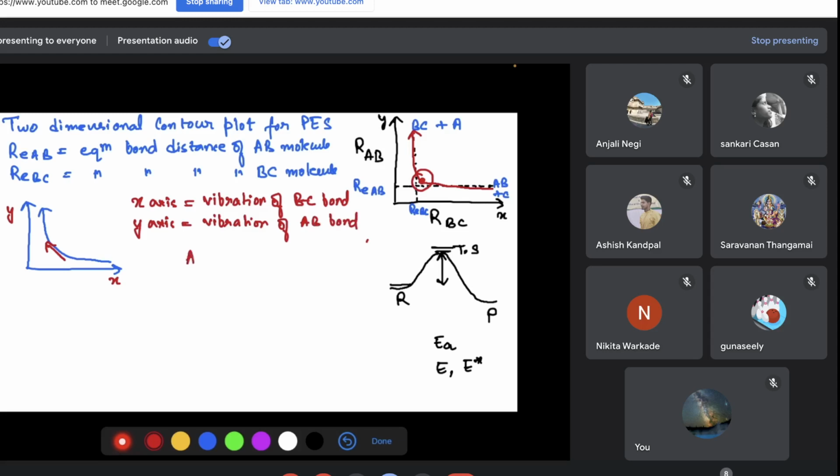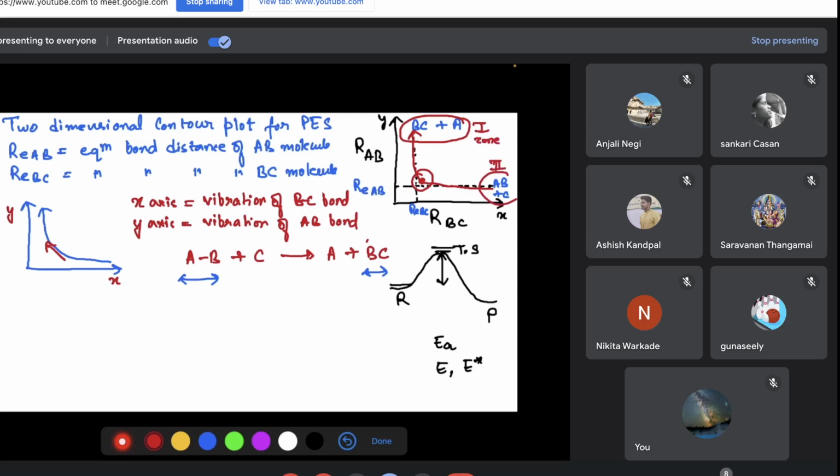So initially, if I had just AB plus C molecule getting A plus BC, what kind of vibration was I having? Only two: the vibration of the AB molecule and the vibration of the BC molecule. This is my zone 1 and this is my zone 2.